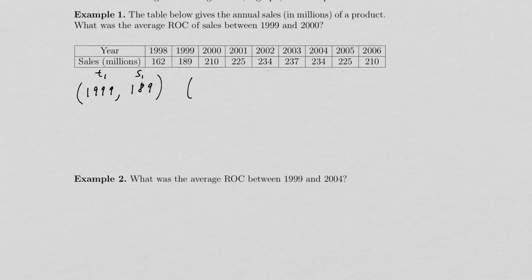Then we want to see how the sales change between 1999 and 2000. So the next point is going to be 2000, that would be T2, and the sales in the year 2000 were 210 million, so that's S2.